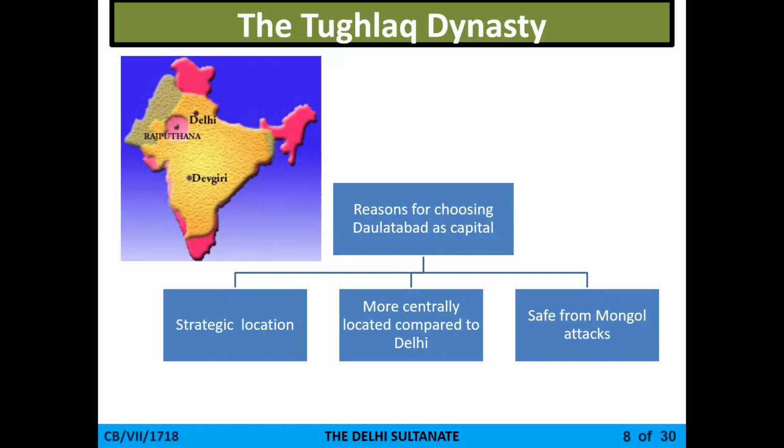That's why he found it easy to administer the southern territories from Devgiri. The third reason was that he found Devgiri safe from Mongol attacks. And that's why he issued a strict order to his ministers, the other people, and his soldiers to shift from Delhi to Devgiri, which he renamed Daulatabad.